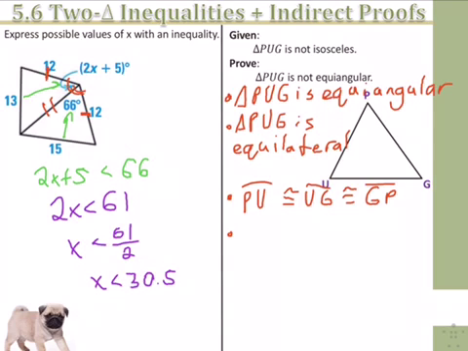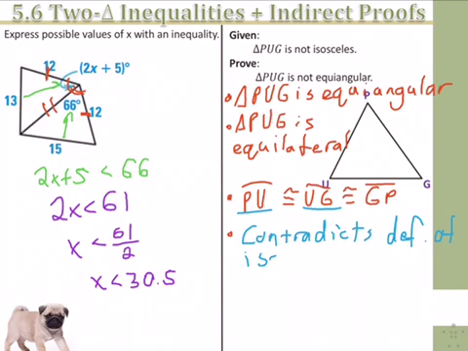Isosceles means you have at least two congruent sides, which we do. 3 congruent sides is at least 2 congruent sides, so this contradicts the definition of isosceles. So, we have an impossible triangle. We have some impossible facts about the triangle. So what we should conclude then is that we made an error with one of our assumptions.